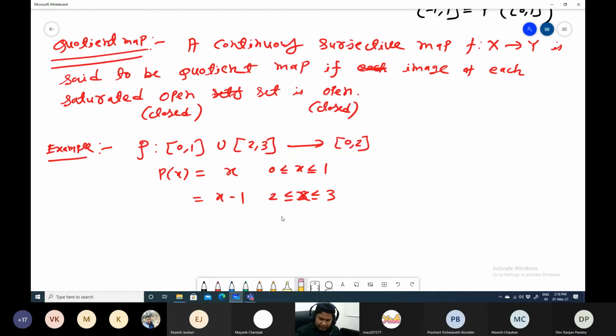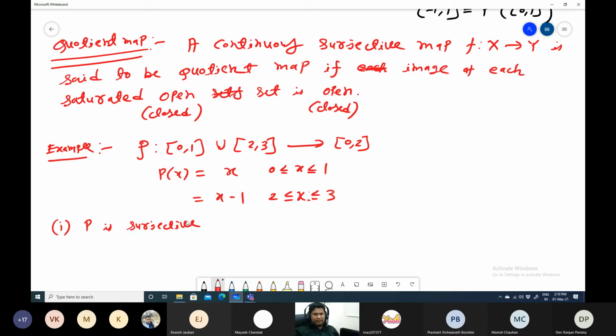Now tell me, is it a quotient map? So first of all, is P surjective or not? Yes or no? Yes, sir. Yes, so P is surjective. Okay, it is surjective, one part is done.